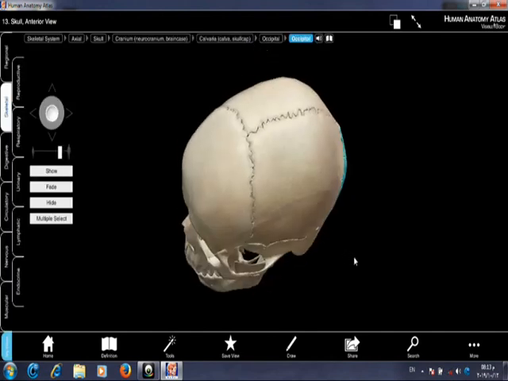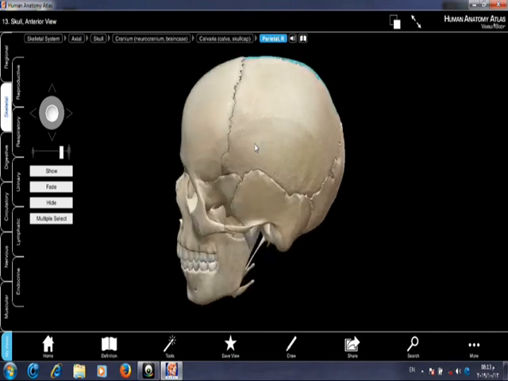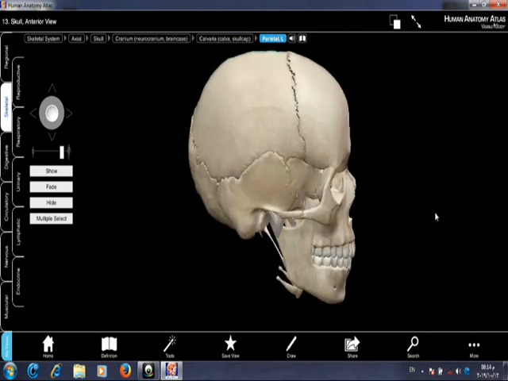Now we will explain about this. This is called the parietal. This parietal bone is here on the left and is here on the right. Now I want to explain something. All bones of the cranium found on the right and the left are the same bones. For example, this is a sphenoid, this is a temporal, this is a parietal. So in this direction, on the right, also the temporal, also the sphenoid, also the parietal.